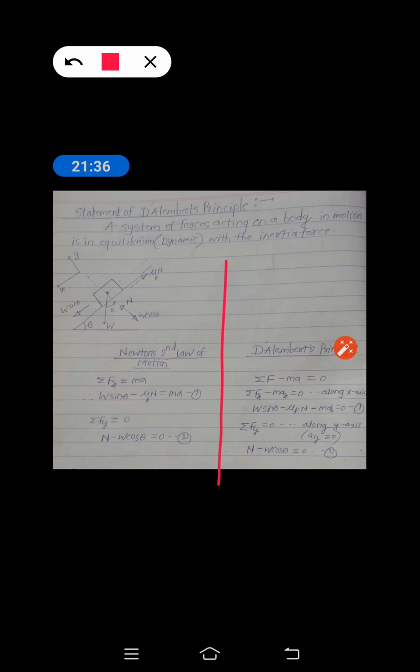In Newton's second law of motion, this ma term is in the LHS, but in D'Alembert's principle we take this ma term in the RHS and take the summation of this F and ma. Okay, so you remember these two differences, because after completing this concept we will try to solve some examples according to both the laws.